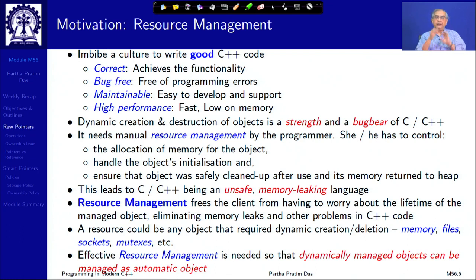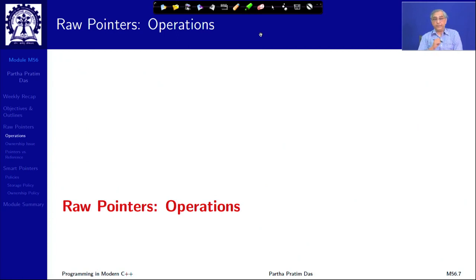The basic idea is to put an effective resource management in place, so that the dynamically managed objects can be managed as automatic objects. That is, on one side we want the advantages of dynamic object creation and destruction. On the other side, we want to avoid the problems by giving them a lifetime management, which is like the automatic objects. So, this is the basic idea of resource management.